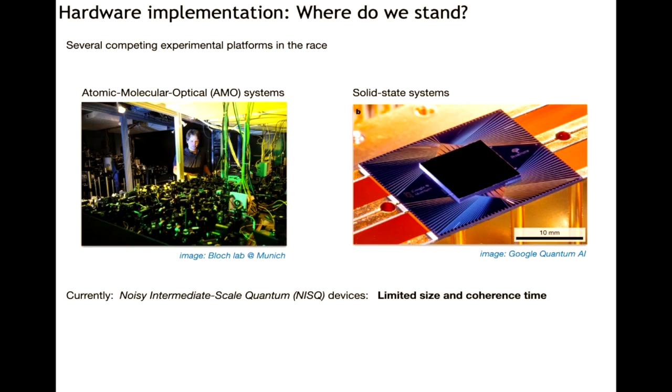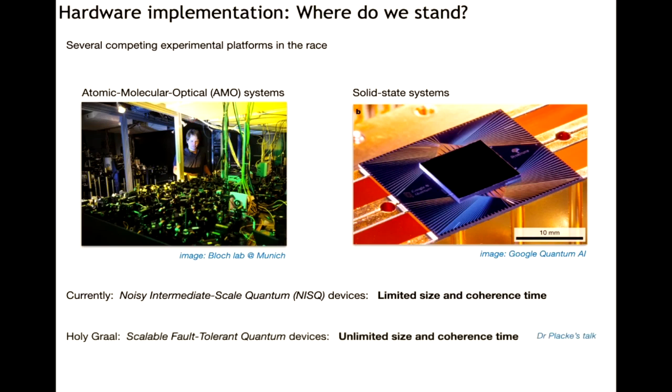On the tasks where we think these objects would outperform classical computers, at the moment they can compete with classical computers, right? And it's an active topic of research to try to make a proof of principle experiment that provably beats what a classical computer can do, right? So this is the current state of the art.